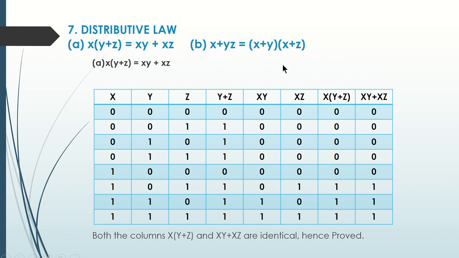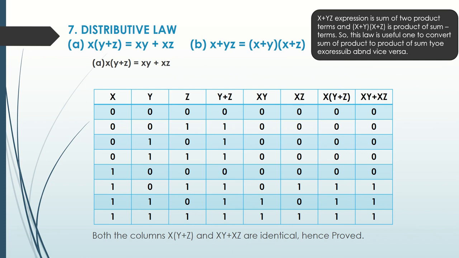This particular distributive law is actually used to convert sum of product to product of sum. The expression x plus yz is a sum of two product terms. Here yz is a product term, y multiplied by z, and x can be said as x multiplied by 1.